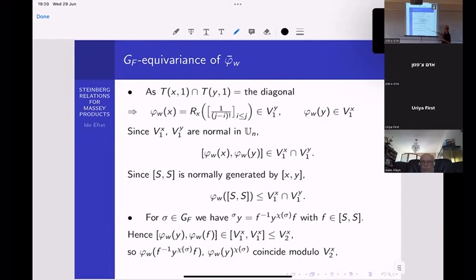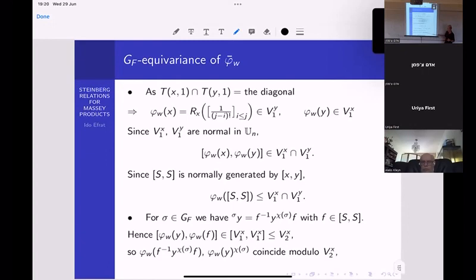Let's look at phi W of this conjugate and phi W of y to the power of the cyclotomic exponent. We deduce they coincide modulo V. Now, last line here, what are these things?